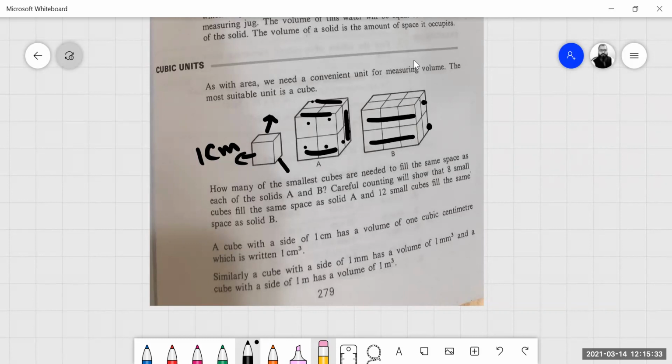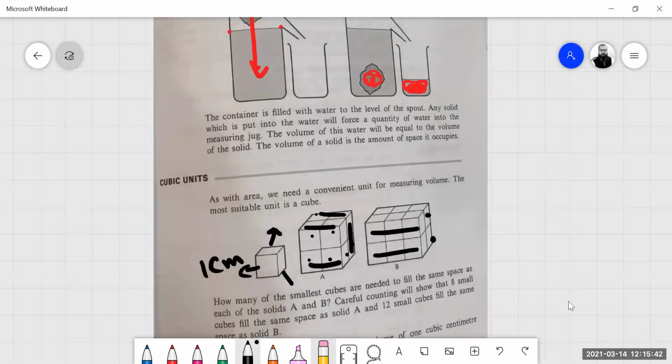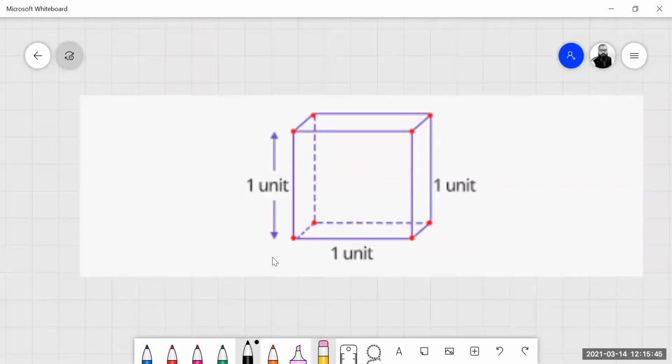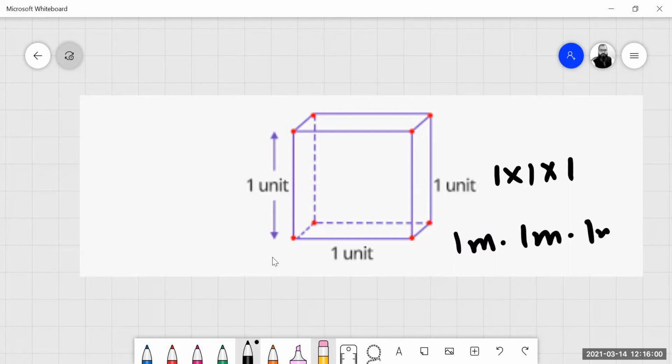Similarly, a cube with a side of 1 meter has the volume of 1 meter cube. For example, like this. This is the volume, 1 unit to this side, 1 unit to this side, 1 unit to this side. 1 meter multiplied by 1 meter, again multiplied by 1 meter. When you multiply meter 3 times, it will be meter cube.